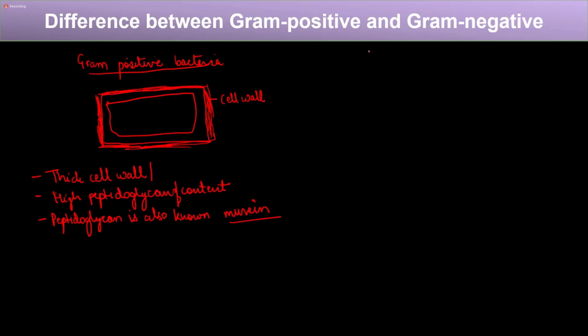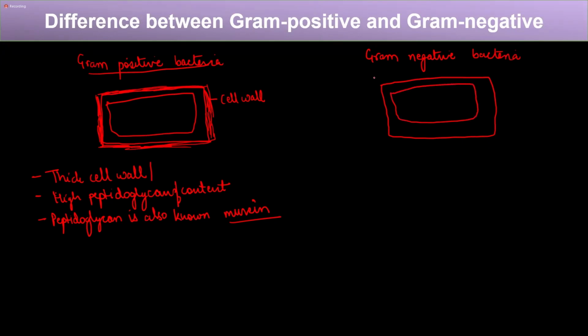Now, if we talk about gram-negative bacteria, how does it look? If we draw the structure of a gram-negative bacteria, this is the cell wall. Inside it is a plasma membrane, and it also has one more layer above it.